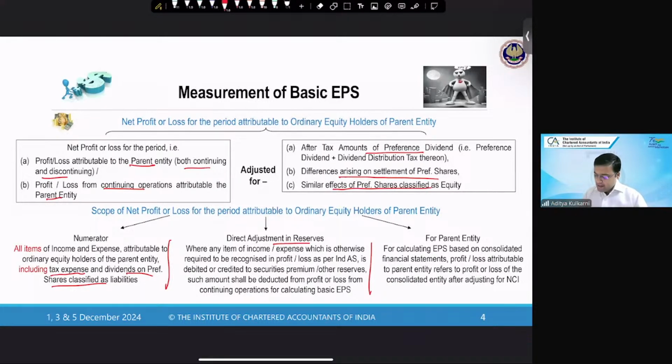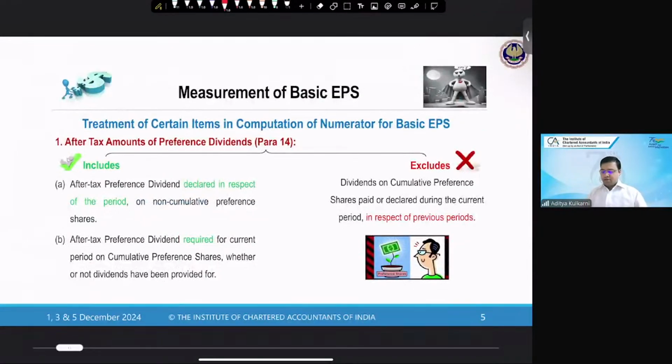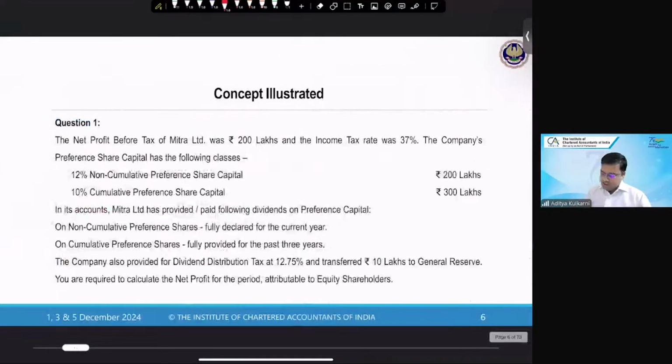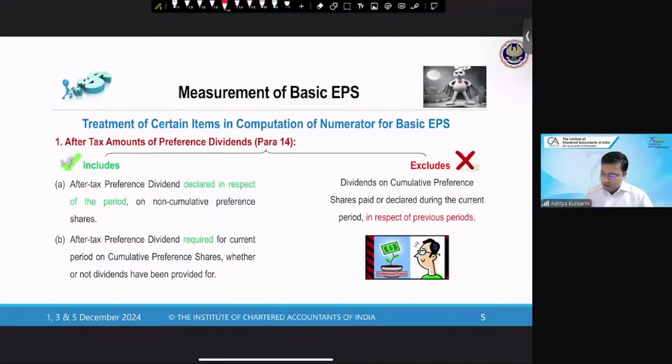And for the parent entity, profit or loss attributable to the parent entity refers to P&L after adjusting for NCI. So that is your overall understanding of net profit attributable to equity shareholders. All right. So when we talk about certain specific items, after tax amounts of preference dividends, we are having two types of preference dividends.